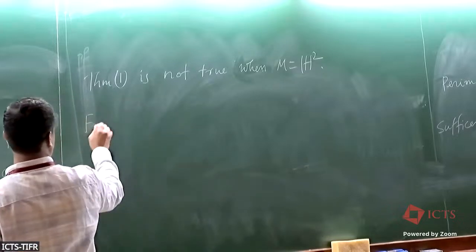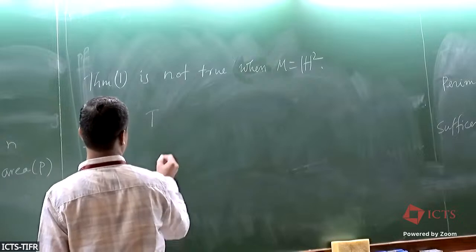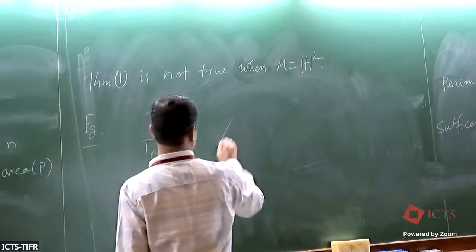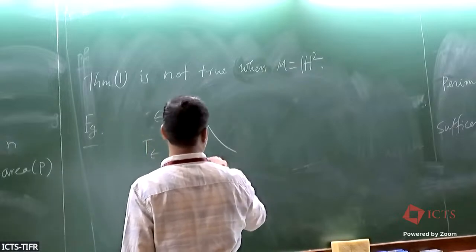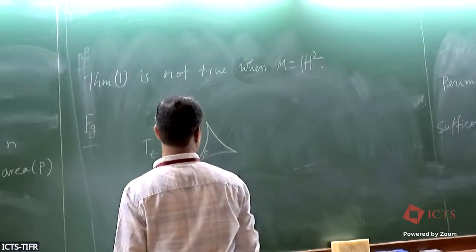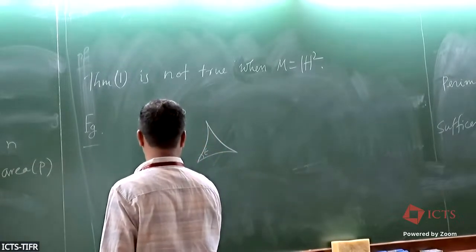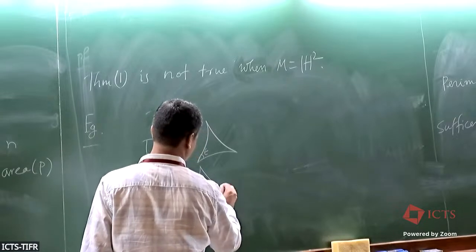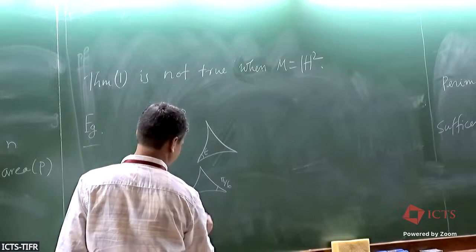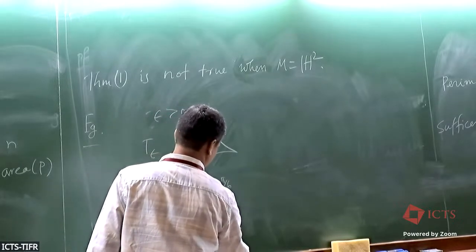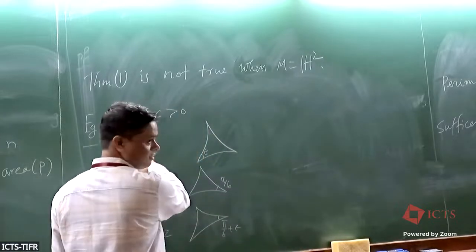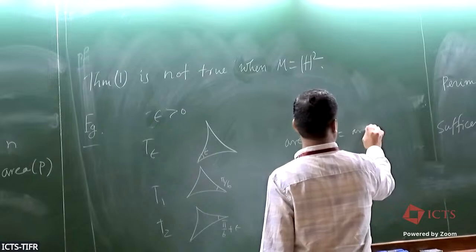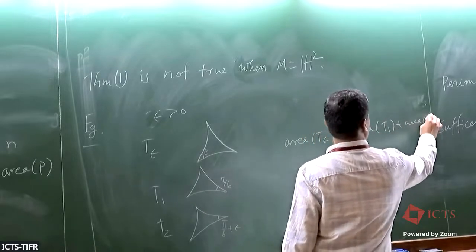For example, for epsilon greater than 0 sufficiently small, consider T epsilon, the hyperbolic equilateral triangle with interior angle epsilon, and consider T1 and T2, equilateral hyperbolic triangles with interior angles pi over 6 and pi over 6 plus epsilon, so that the area of T epsilon is equal to the area of T1 plus the area of T2.